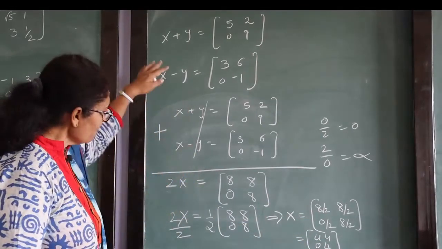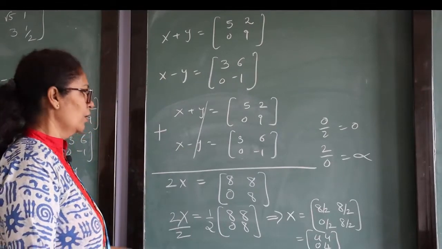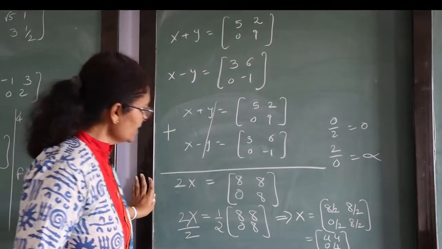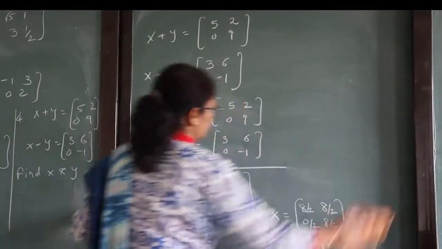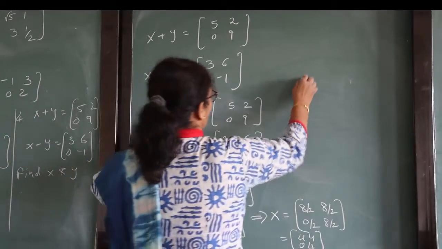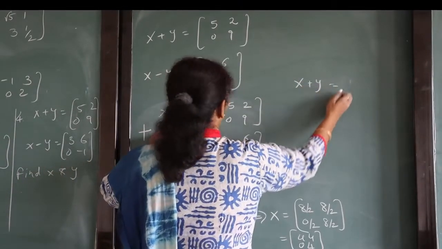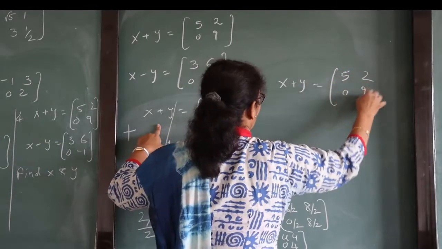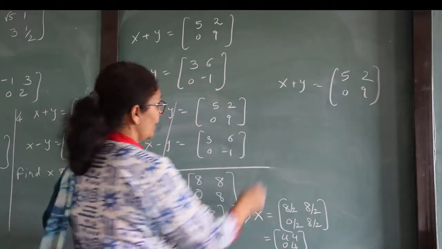Now in the same way, we will find our Y. Now let's see, how can we find our Y? Now we have the value of X. So let's take X plus Y equal to 5, 2, 0, 9. Now we will put the value of X here.